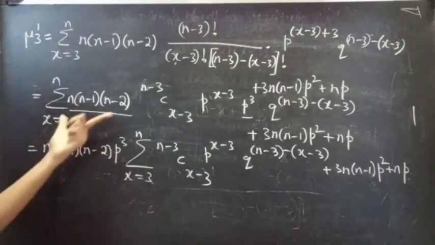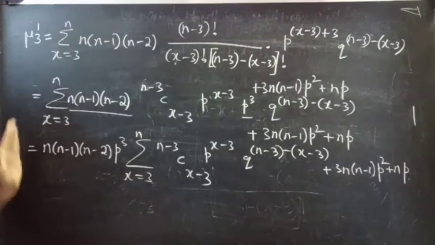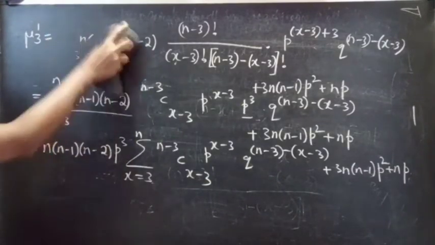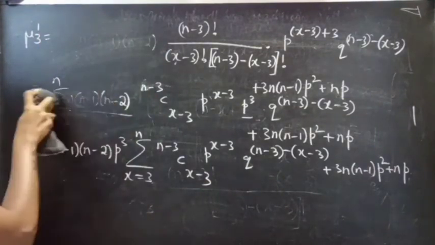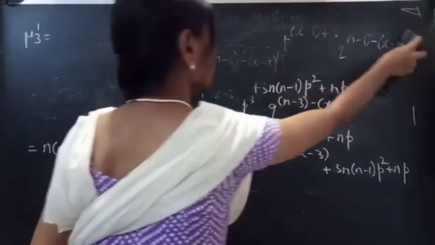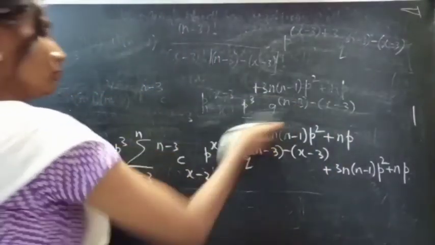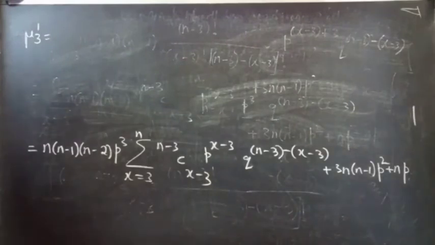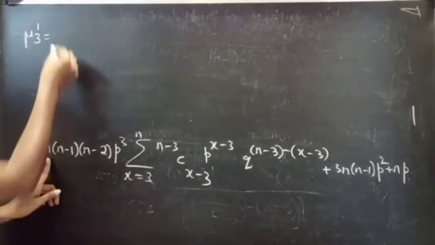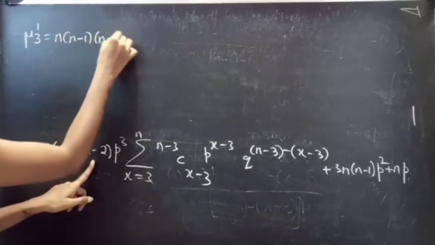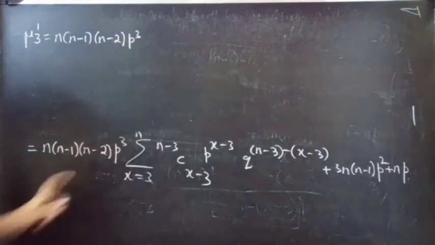We just took the constants outside the summation. Okay. So this is equals to n into n minus 1 into n minus 2 into p cube.